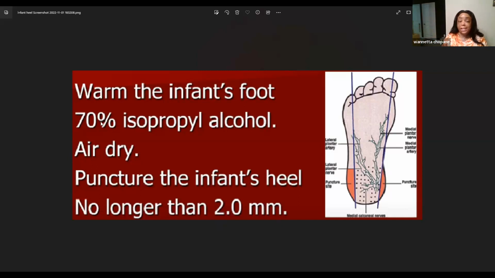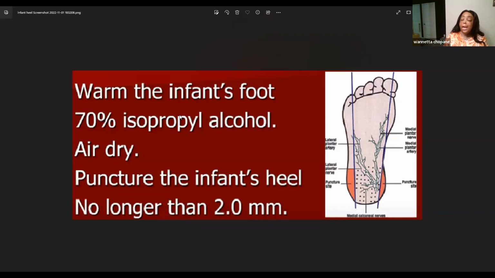We're still using that 70% isopropyl alcohol. I don't care that it's the foot, we're still using it. But just like the finger and the venipuncture, if alcohol isn't available or you were told not to use alcohol, you still have to use some type of aseptic technique. So then that's when you go to the chlorhexidine gluconate, or another example is the ChloraPrep, okay?